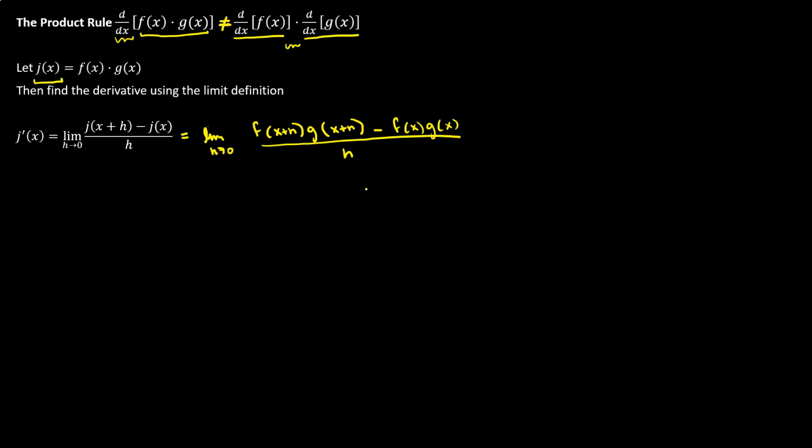Now our goal here is to manipulate this huge limit that we have written in yellow so that we can see a derivative of the function f, and so that we can see a derivative of the function g.